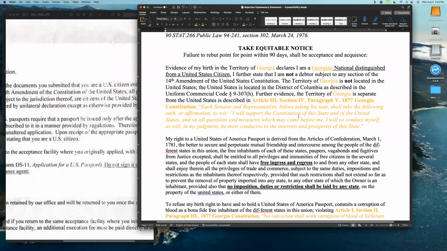So there are two different jurisdictions, Constitution of Georgia and the Constitution of the United States. My right to a United States of America passport is derived from the Articles of Confederation, March 1st, 1781.